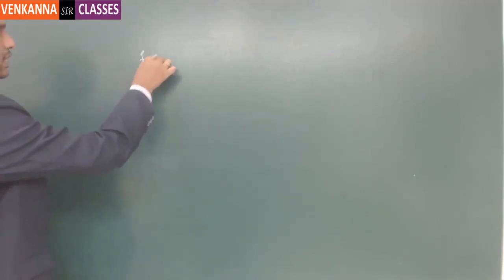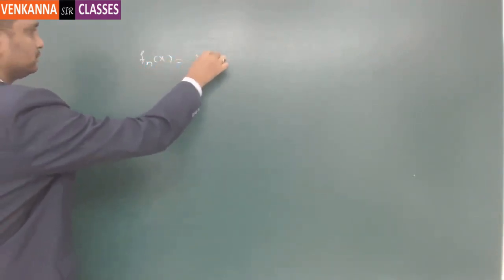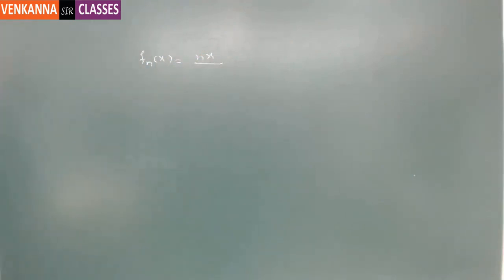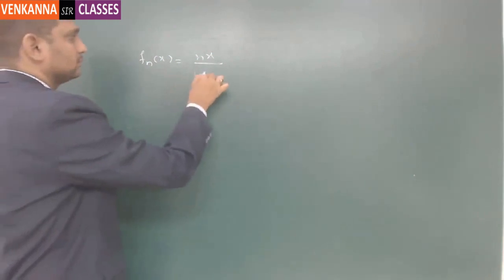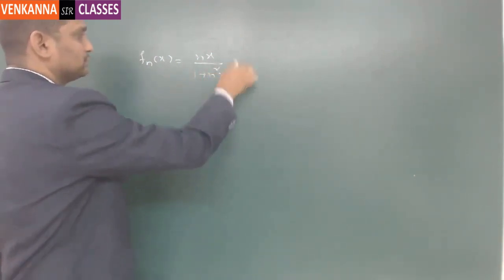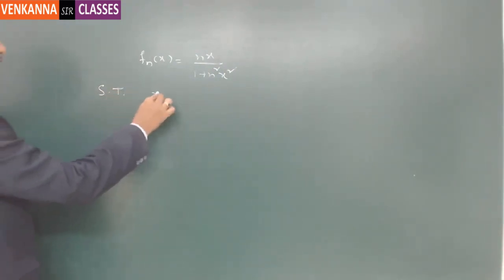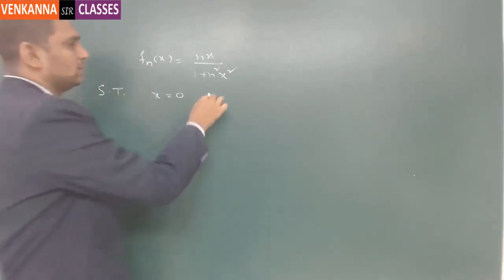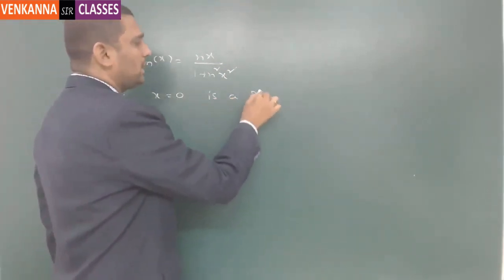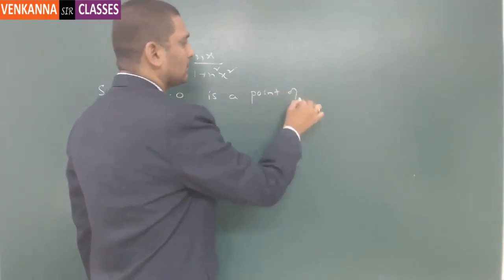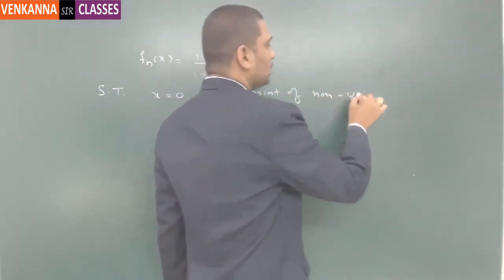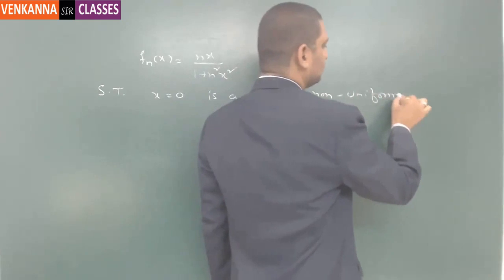So, suppose we have taken fn of x equal to nx by 1 plus n square x square. The question is given that show that x equal to 0 is a point of non-uniform convergence.